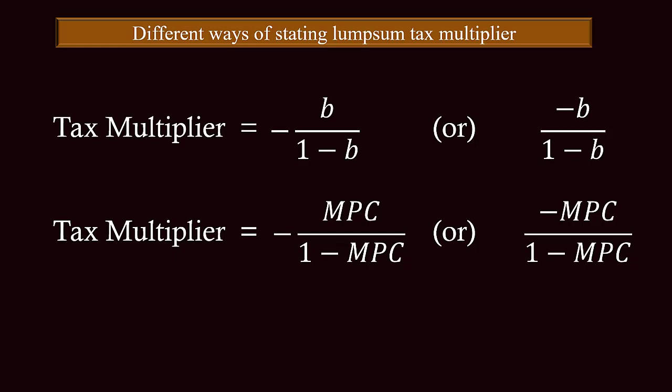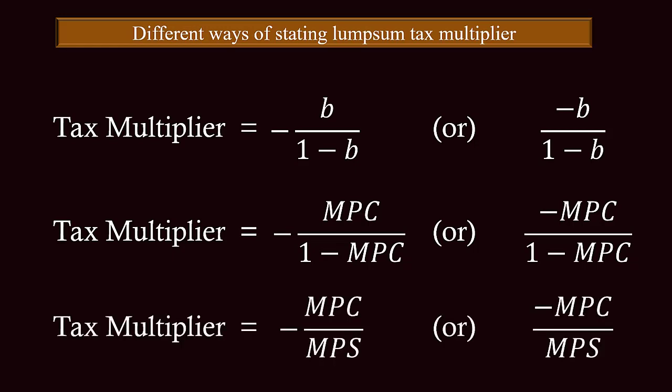Since 1 minus MPC is equal to MPS, the same formula shall be written as tax multiplier equal to negative MPC over MPS. You are likely to come across the same formula with different alphabets. You must be in a position to identify the formula.